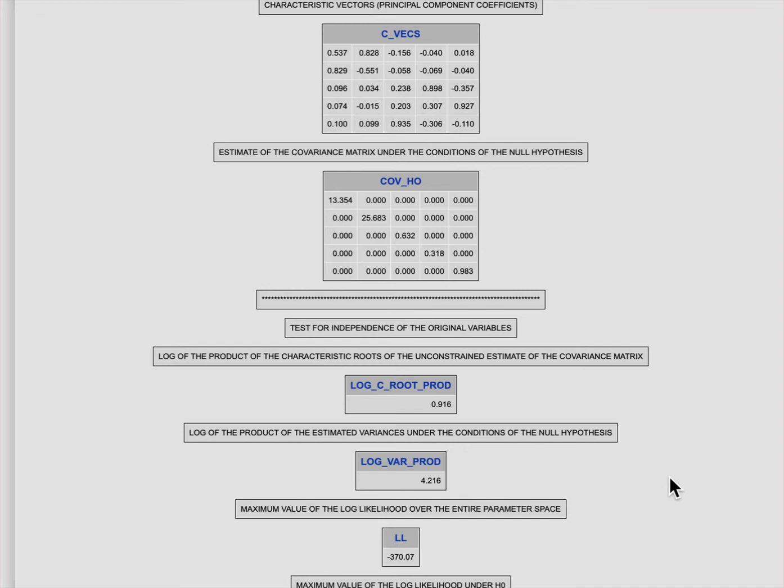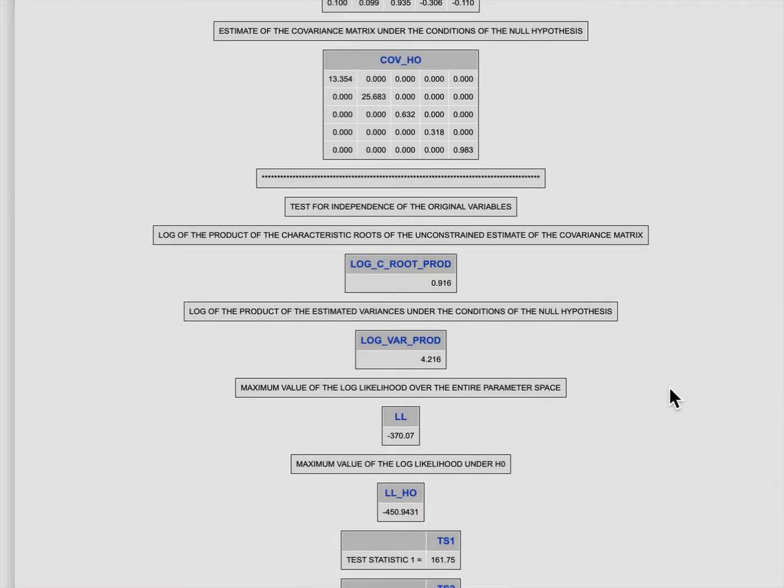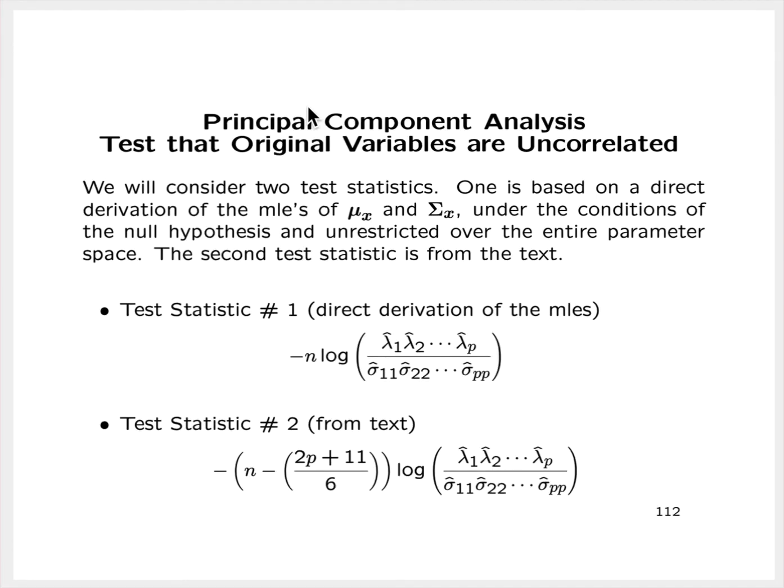Having said that, now that we can look at this PROC IML output, after that we have the calculations for the value of the test statistic. Remember that in this formulation for the test statistic, the way it's written here, it's minus n times the natural log of this ratio.